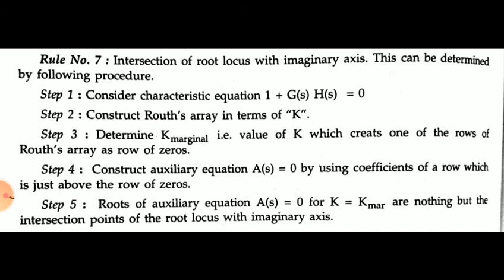Step 4, construct the auxiliary equation A(s) equal to 0 by using the coefficients of the row just above the row of zeros. Step 5, the roots of the auxiliary equation A(s) equal to 0 for k equal to k marginal are nothing but the intersection points of the root locus with the imaginary axis.